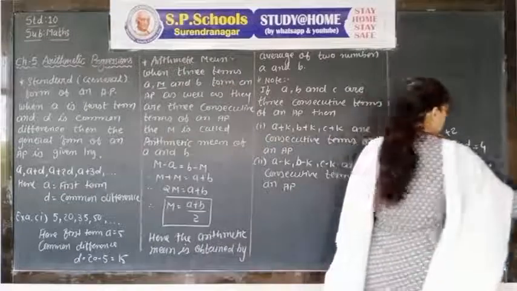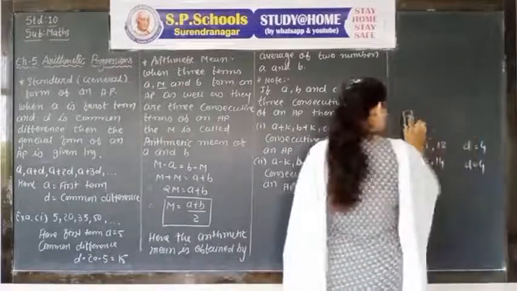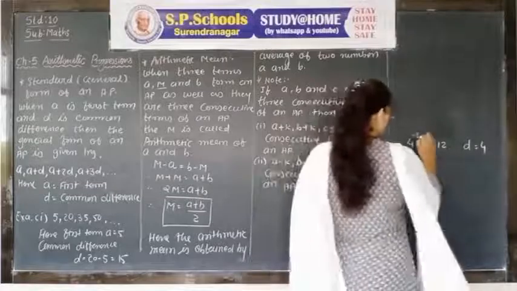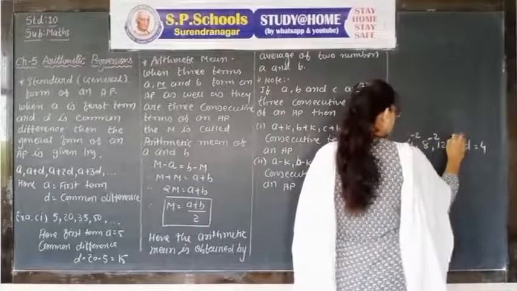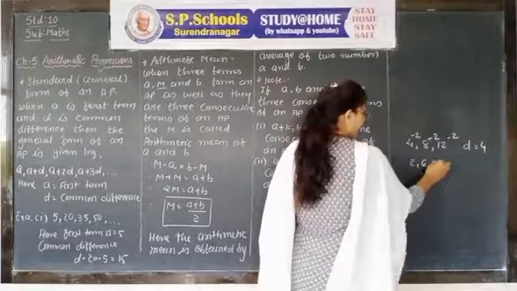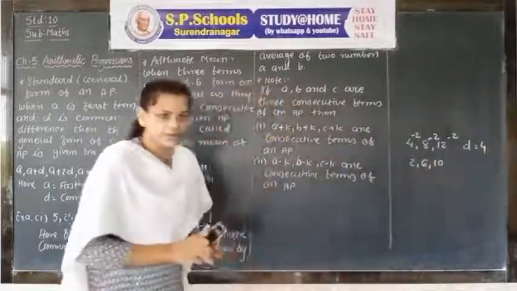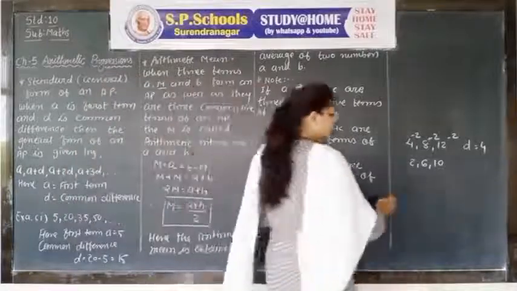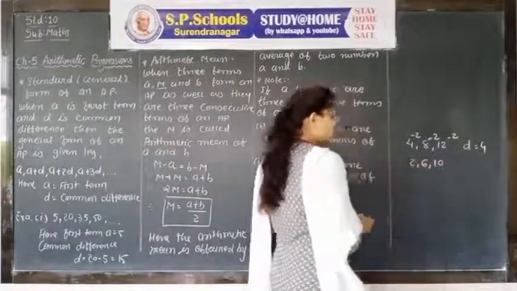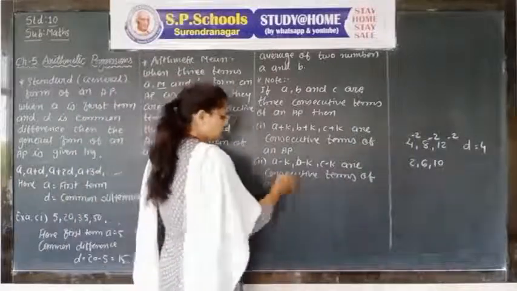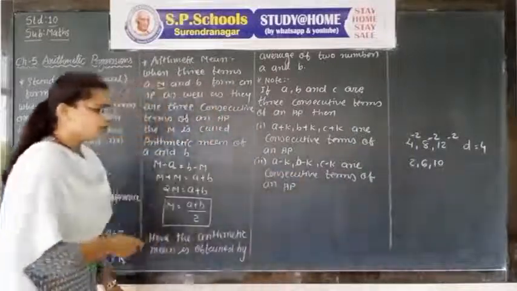Suppose 4, 8 and 12 is the example. If we subtract 2 from each, we get the new terms 2, 6 and 10. Is it also an arithmetic progression? Yes, because the difference between 2 consecutive terms is equal, 4 and 4. 2, 6, 10 are also 3 consecutive terms of an AP.